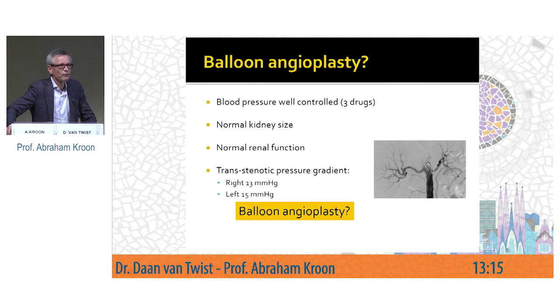We see her every 3 months, and we do the standard blood pressure measurements, and once every 6 months we have a creatinine level in this patient, and up till now everything has gone as we described here.